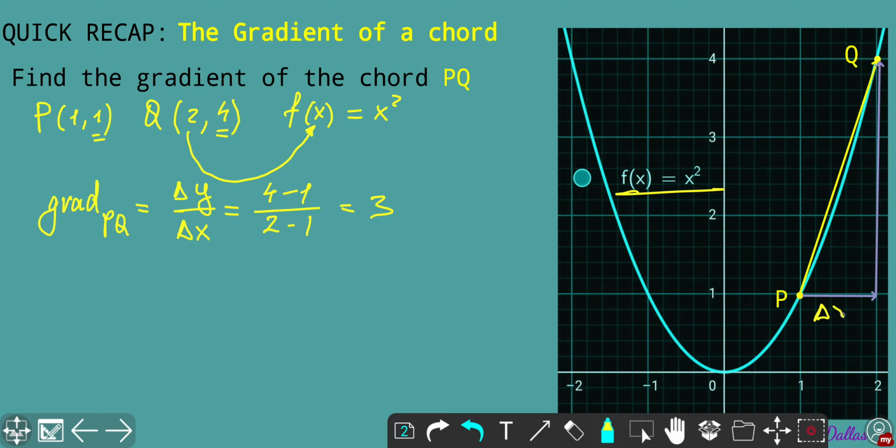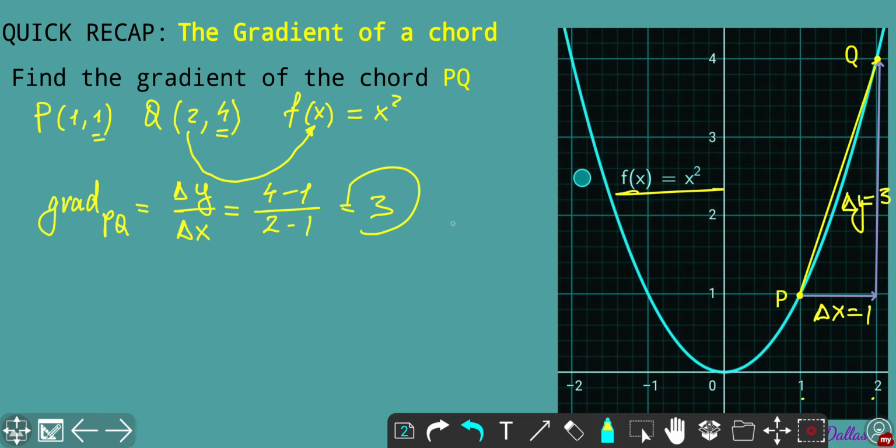This delta x is going to be 1, from 1 to 2, and delta y, an alternative way of finding the changing coordinates, is from 1 to 4, which is 3. Doing the same, the gradient is going to be 3. All right, so that was a quick recap. For those who are not sure how to do that, please watch the video.